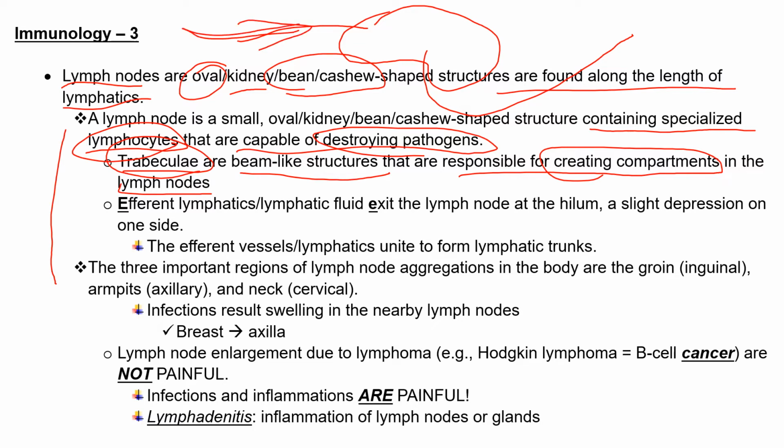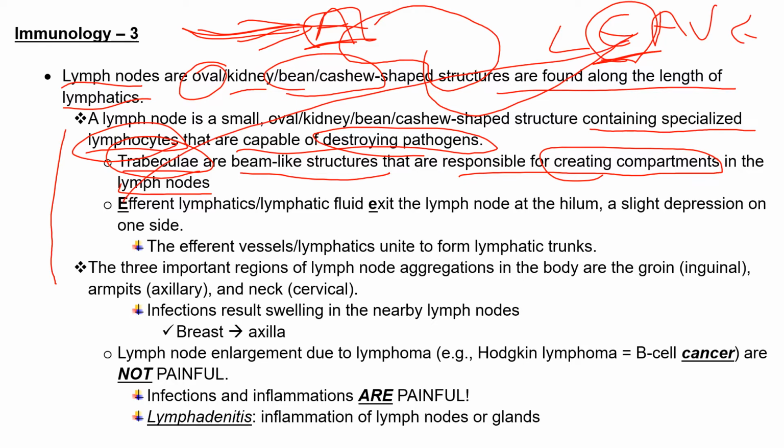The lymphatic vessels arriving at the lymph nodes are called afferent lymphatic vessels, and those that leave, as in exit, are called efferent lymphatics.